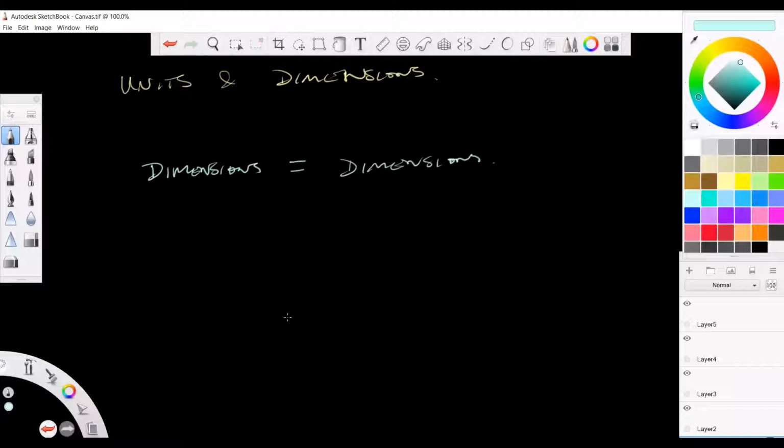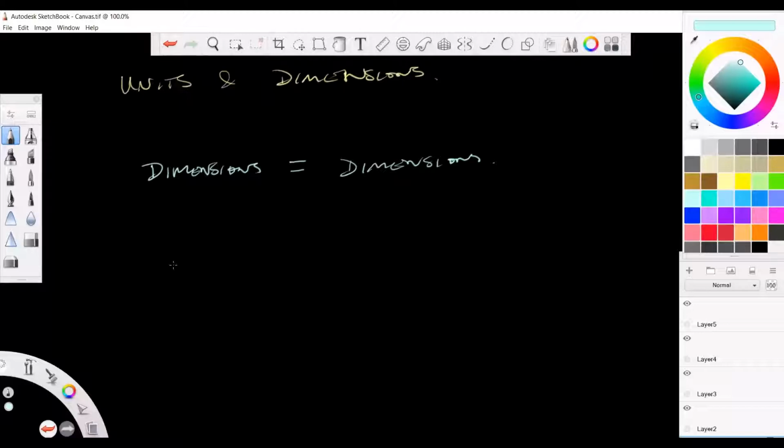I just used that fact to tell me what dimensions force comes in. That's one we're going to ignore because we use force in newtons, and on the other side, we're using kilograms and meters per second squared. You don't really need to know that newtons and kilogram meters per second squared are technically the same thing.